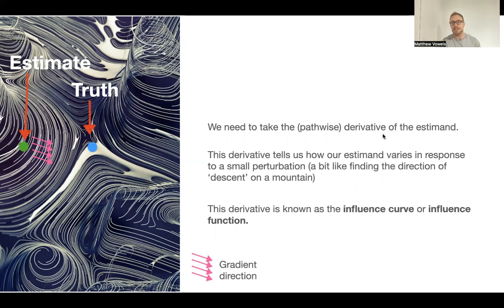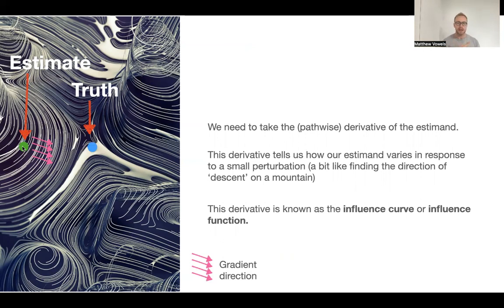So when we take the derivative of the estimand, we end up with an analytical solution, a formula essentially, and we can plug in the values that we have in our data set to compute the value of that derivative where we are now. And that's going to give us the derivative of where we are now with respect to where we want to go, essentially the estimand here, which is a bit like when you're up a mountain and you know where you want to go and you need to take a step in that direction.